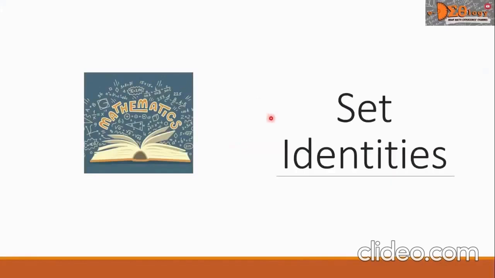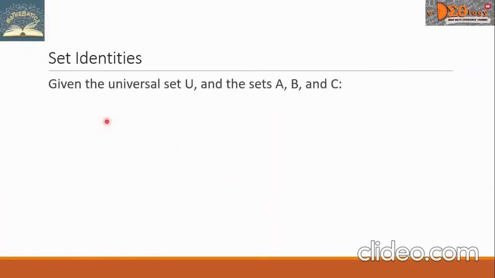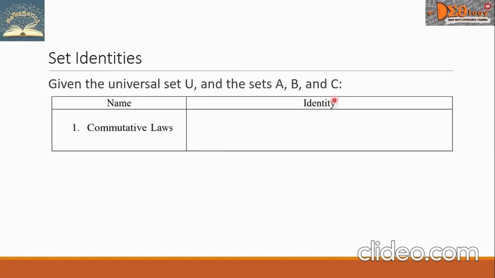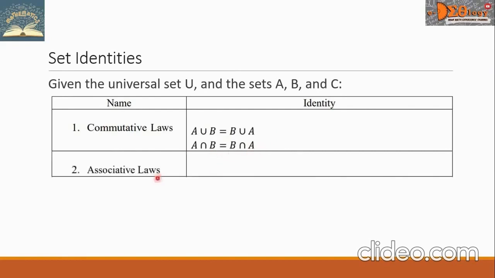Today we're going to study set identities. Given the universal set U and the sets A, B, and C. The first identity is commutative law. It says A union B equals B union A. Also, A intersect B equals B intersect A. Number 2, associative law.